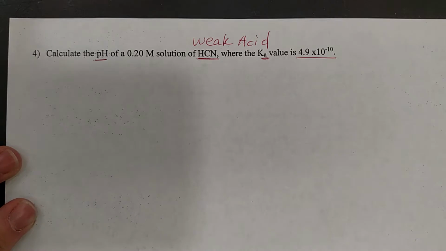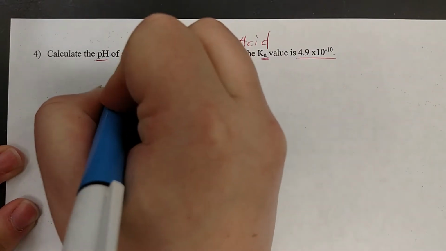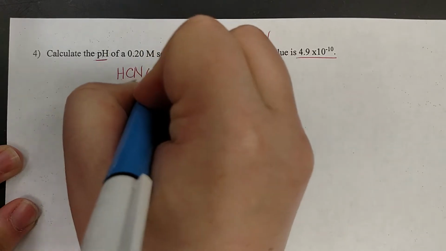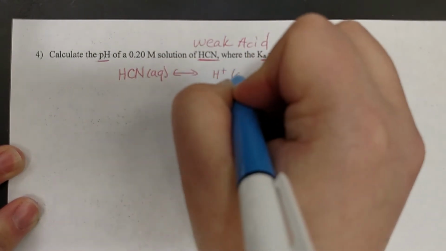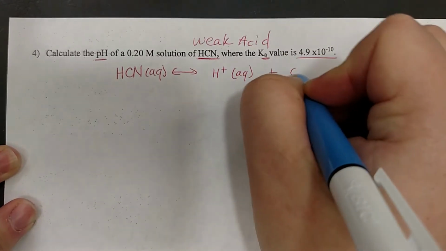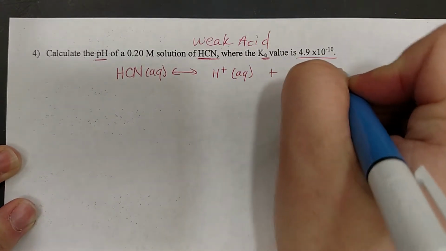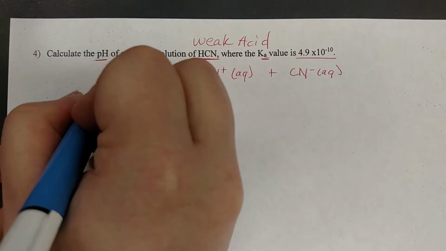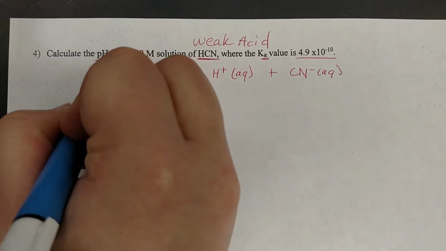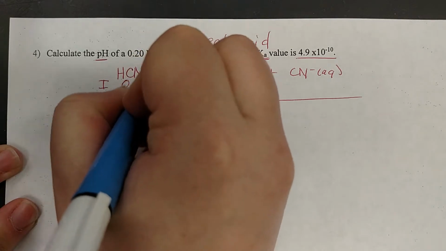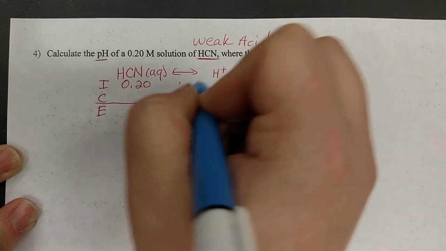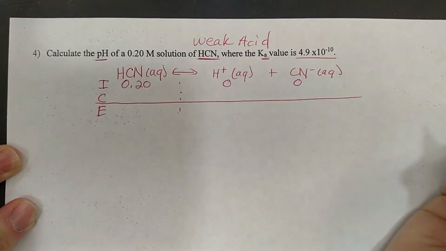So we should recognize that. So what we're going to do is start with our reaction, HCN aqueous, breaking down into hydrogen ion and the cyanide ion, setting up our ice table. We can go ahead and plug in our initial value for each chemical and go from there.